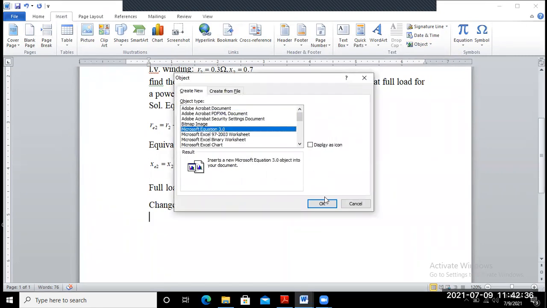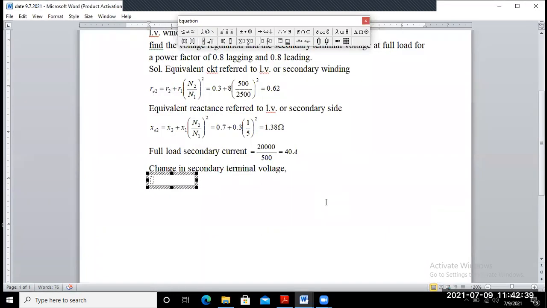So E2 minus V2, where E2 is your no load secondary voltage and V2 is the terminal voltage at full load, is equal to I2 RE2 cos theta 2 plus I2 XE2 sin theta 2.